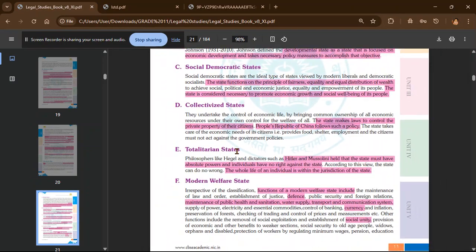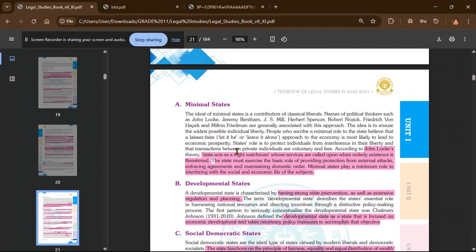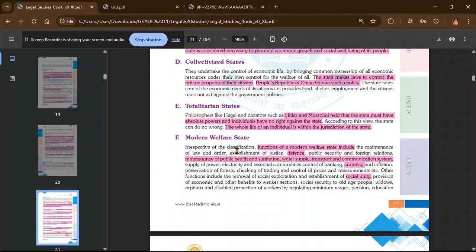So collectivized state is, they undertake control of economic life by bringing common ownership of all economic resources. So the state makes laws to control the private property of the citizens, and minimal states have very minimal role in interfering in social economic life of subjects, and the state must exercise basic role of providing protection from external attacks, enforcing agreements, and maintaining domestic order.